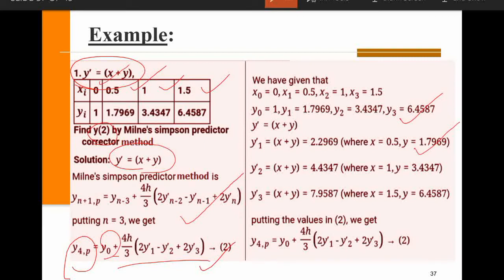To get y2 dash, you will substitute x2, y2. To get y3 dash, you will substitute x3 and y3. So when you substitute all these values, you will get y0 dash, y1 dash, y2 dash and y3 dash. Substitute all these values here, and you will get the desired predicted value, right?